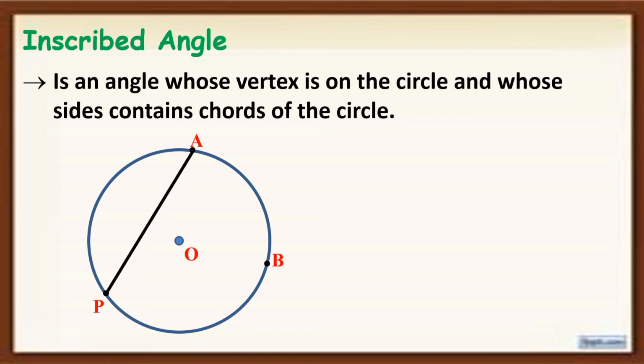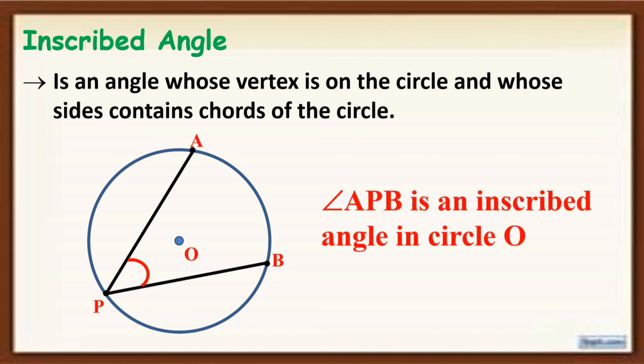And if I connect point P and point B, it will also form a chord. As you can see, it will form an angle. So that is an example of an inscribed angle. Therefore, angle APB is an inscribed angle in a circle.